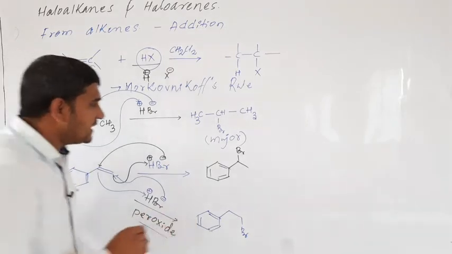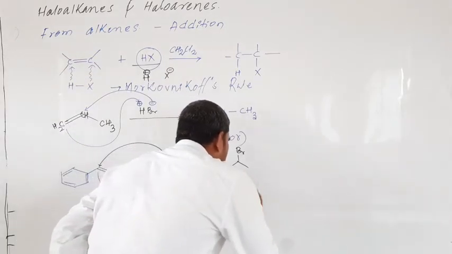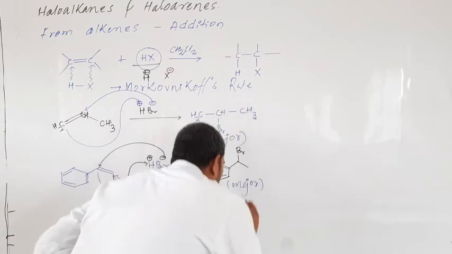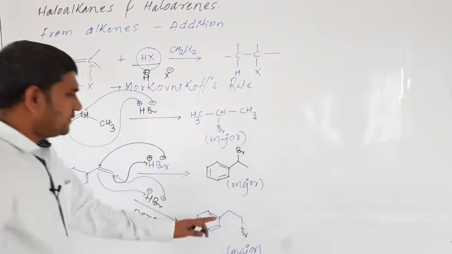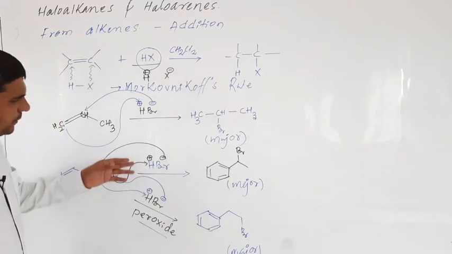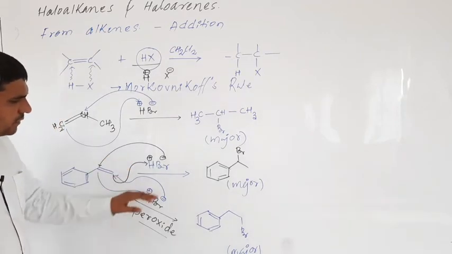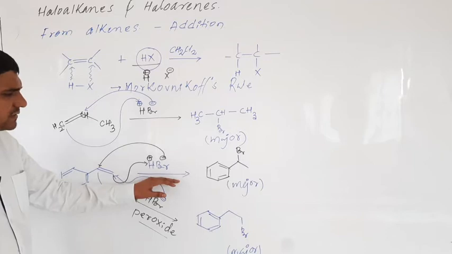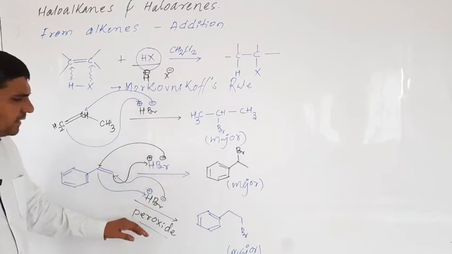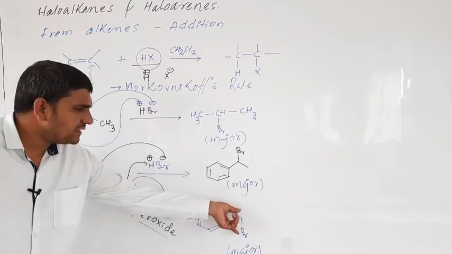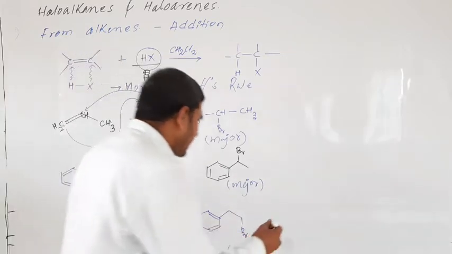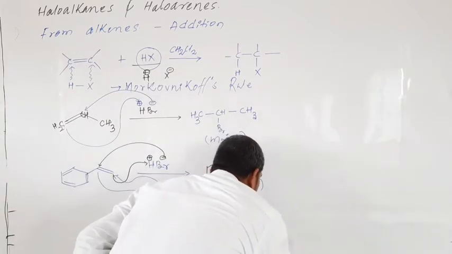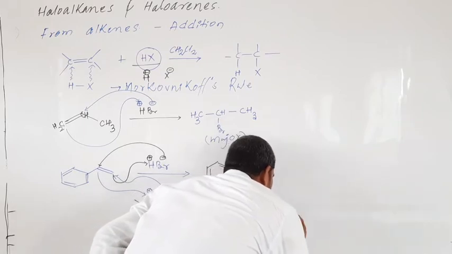Over here this one is the major product, but in this case this compound is the major product. If you observe, the only difference is absence of peroxide over here and presence of peroxide over there. This difference in the addition happens because of the presence of peroxide. That's why this is known as the peroxide effect.